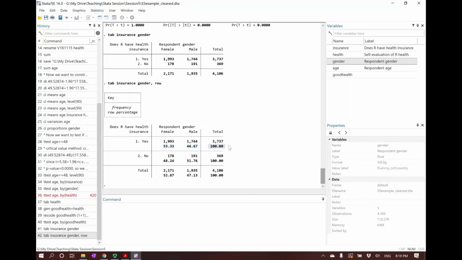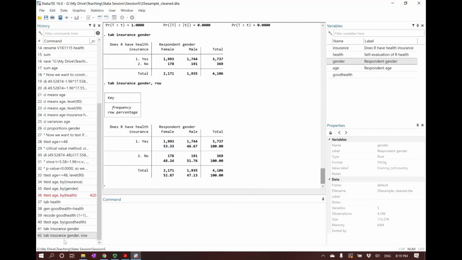So the row will give you 100%. This shows that among those who have insurance, who said yes for having insurance, 53.33% are female, 46% are male. And among those who said no, 48% are female and 51% are male.